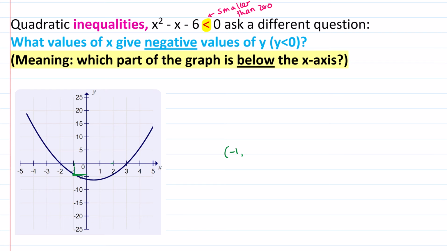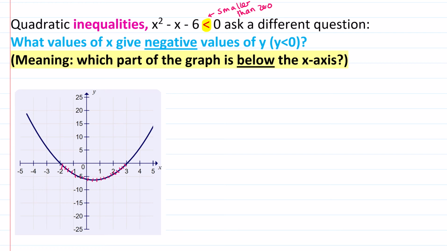Or if I go for x equals 2, the value for y on this section of the graph is again very close to -5. So all of these coordinates on this section of the graph will give values of y that are negative.